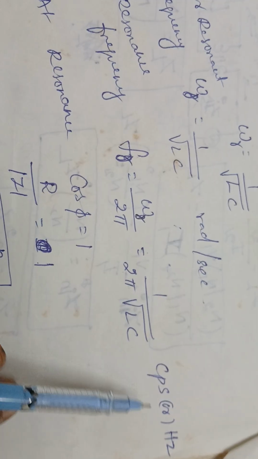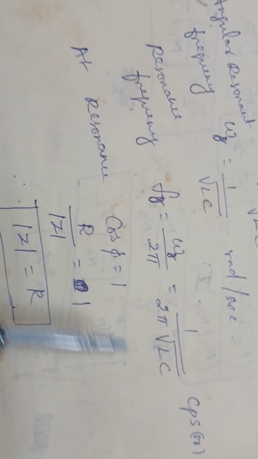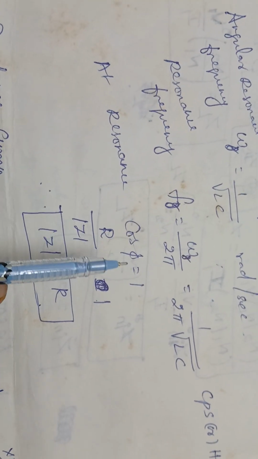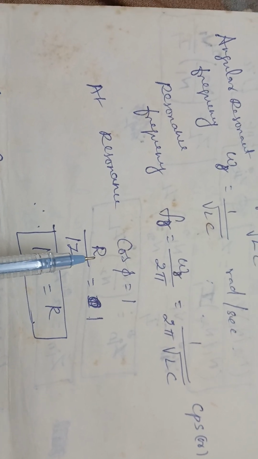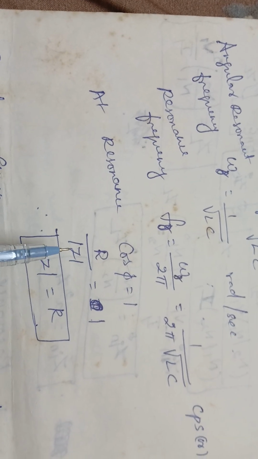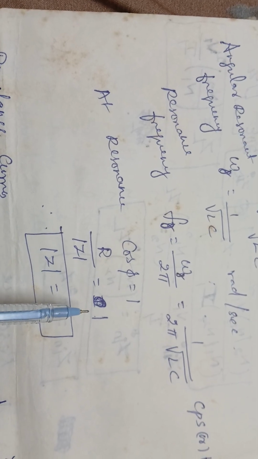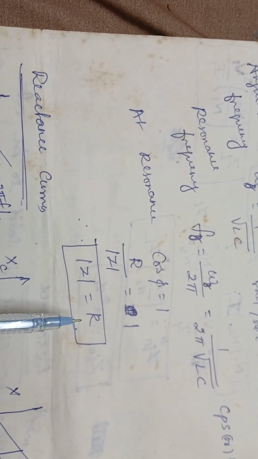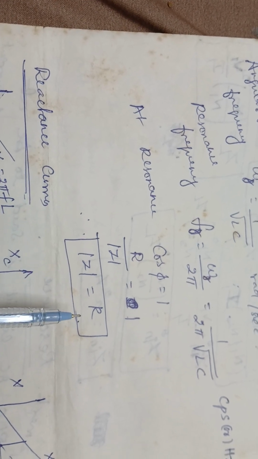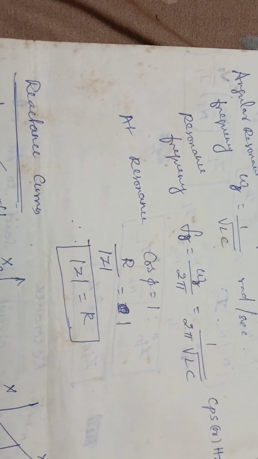It is in cycles per second or hertz. At resonance the power factor, cos phi, is equal to 1. So we write it as R by Z is equal to 1, so Z is equal to R. The impedance is purely resistance.